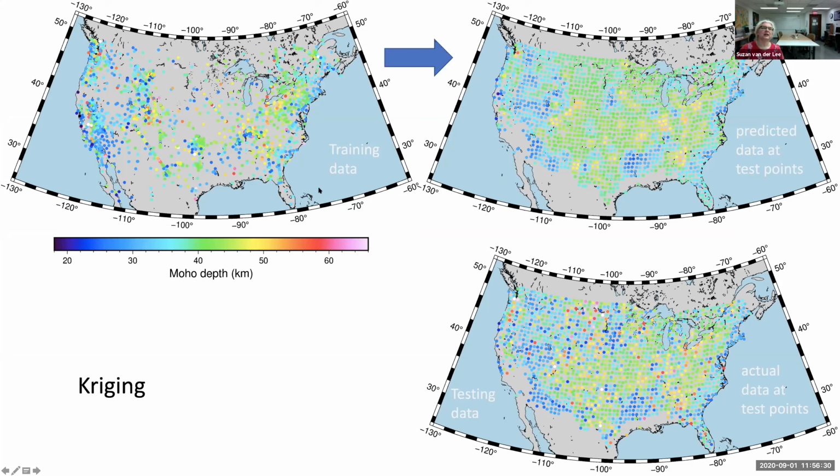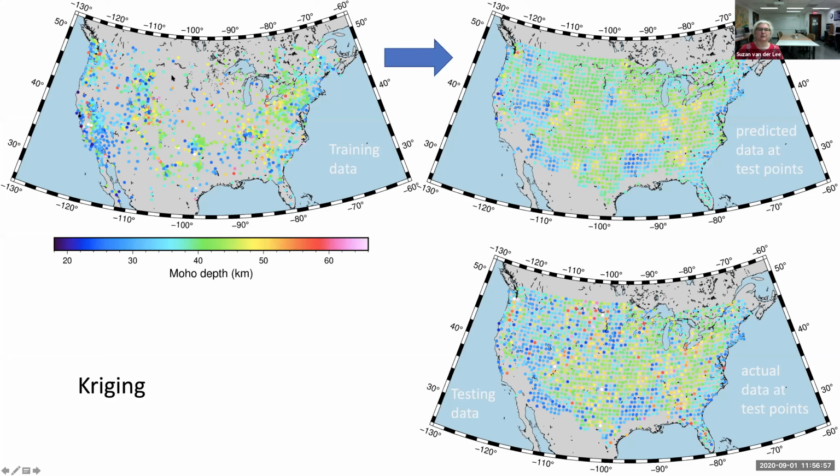But if you look at this part of the United States, where there are very few MOHO depth estimates from very few stations, we see that mostly it's all green, except where we have a few blue dots and a little blue blob here. There's a lot of green right here, which is 40 kilometers, which was our prior knowledge of where the MOHO should be in the absence of better information.